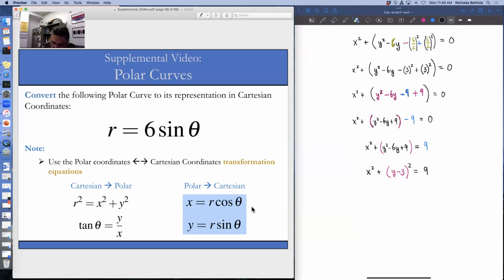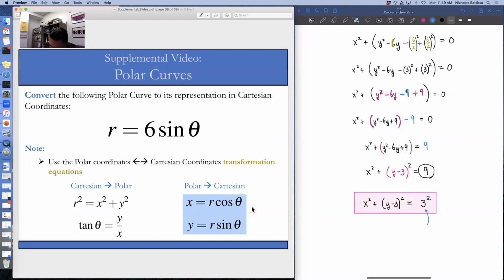Let's take it one little step further. So we have x squared plus y minus 3 squared. And to put this in a circle form, we can take the square root of the right-hand side and square it, just so we know what the radius of that circle is. So if we take the square root of 9, we'll get 3, and we'll square that term. So this circle that we're ending up with here, there's a few things we can say about it.